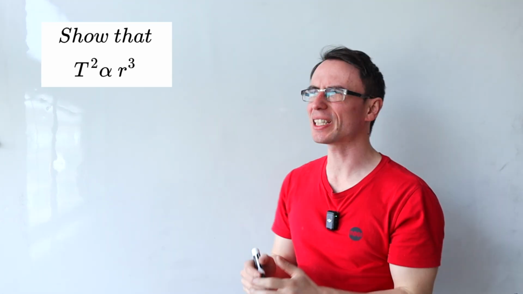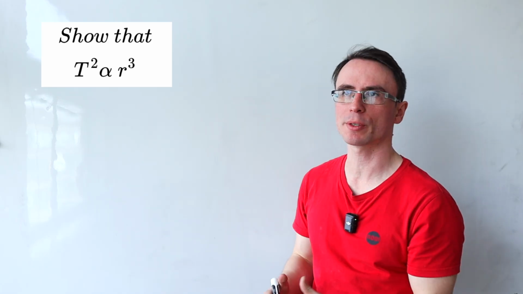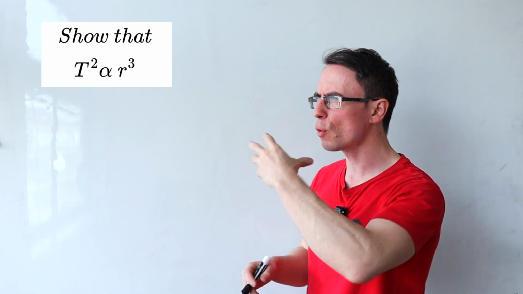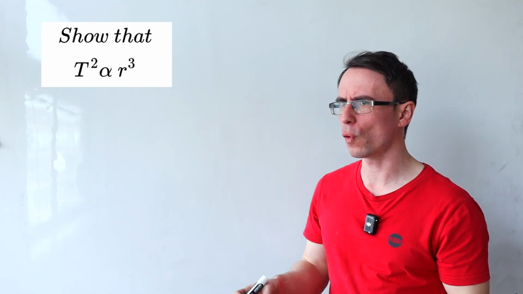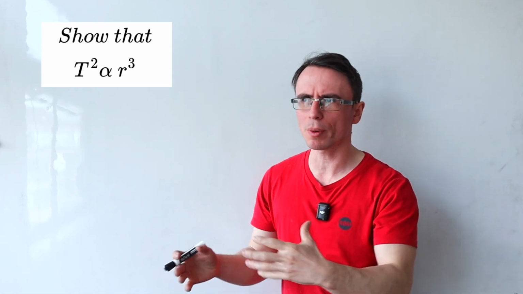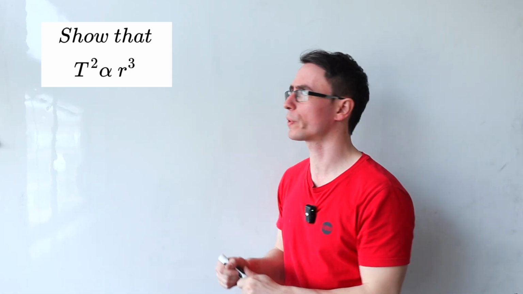Let's do a slightly longer one, and that is Kepler's third law, showing that T squared is proportional to r cubed. So for escape velocity, we looked at energies, and for the orbital time period, the square of it, we need to look at forces.